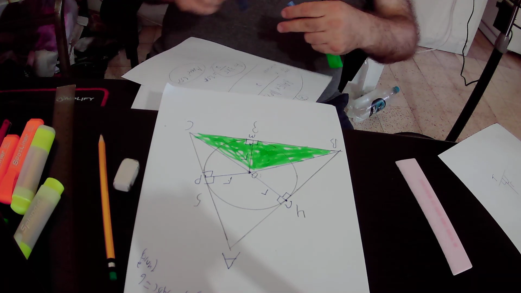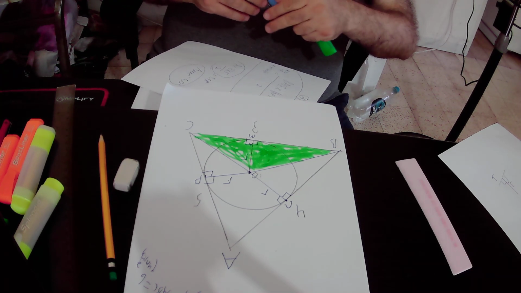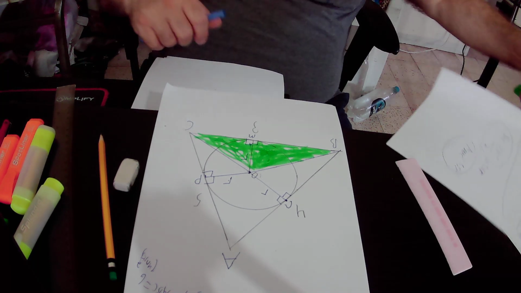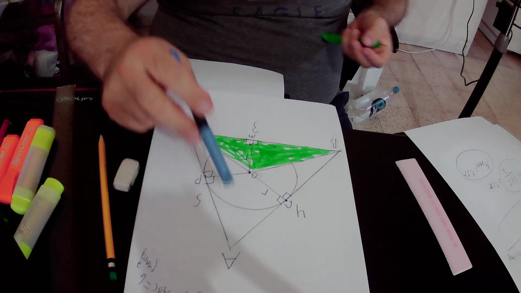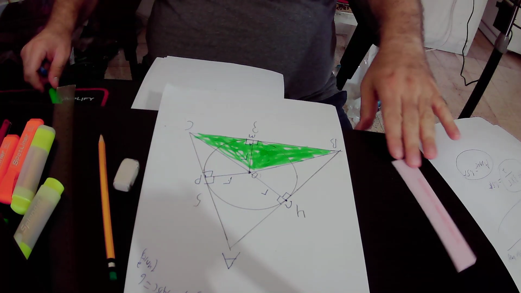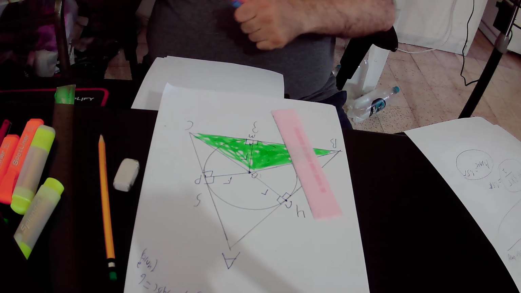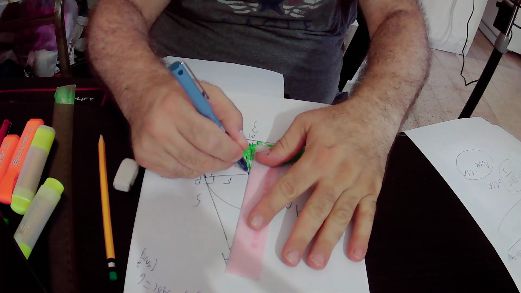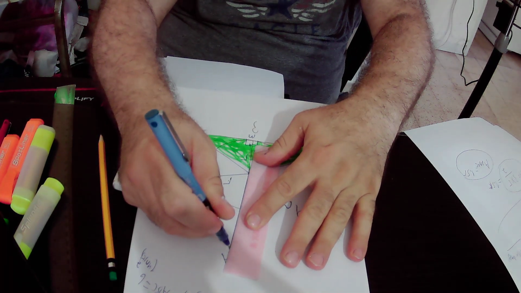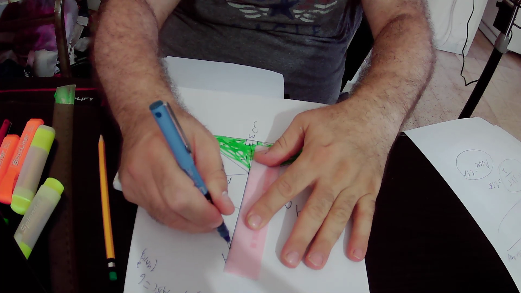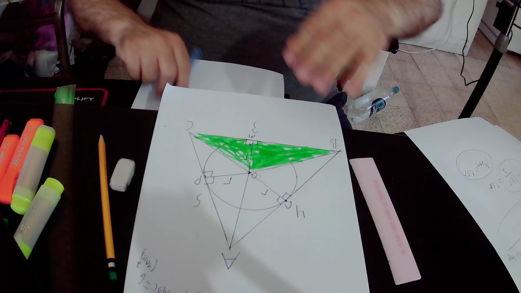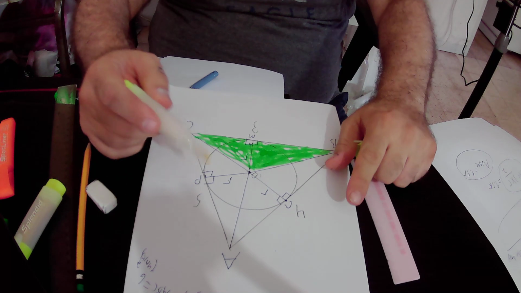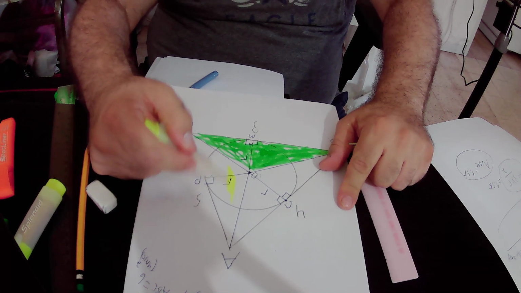Now we will connect points O and A together by a straight line, and we will focus on the yellow triangle.